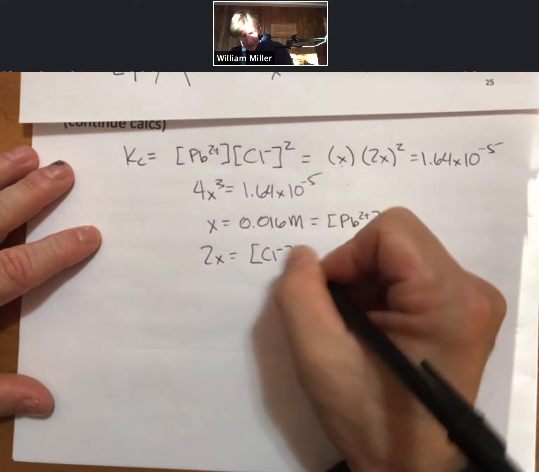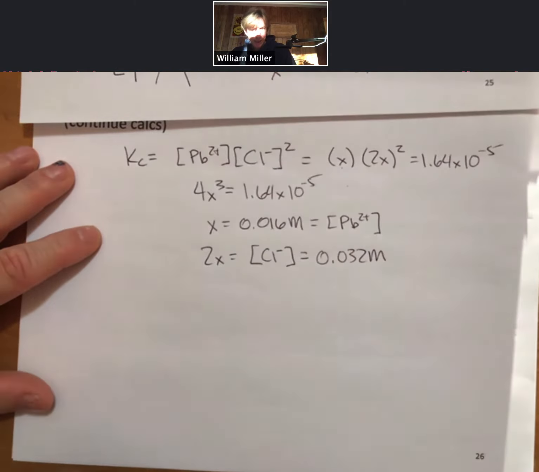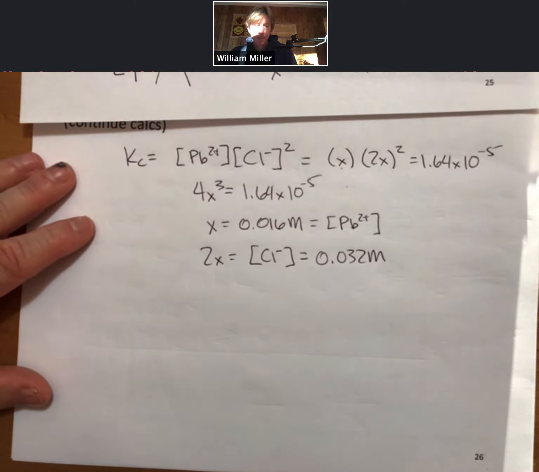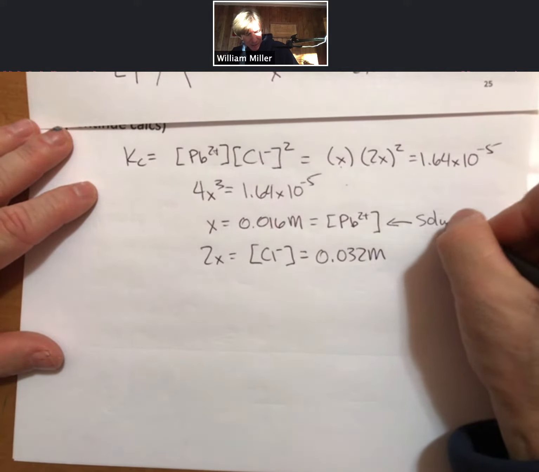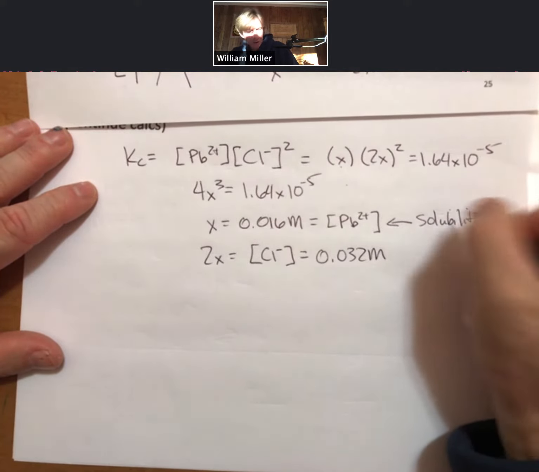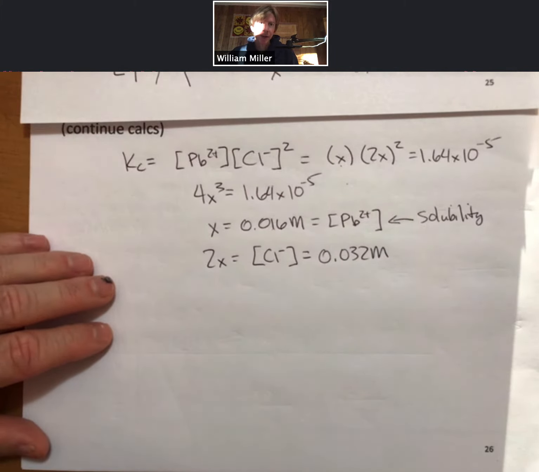And so I'll multiply this times 2. And technically this first one, which is x, is the solubility. But those are the concentrations of the ions at 25 degrees Celsius.